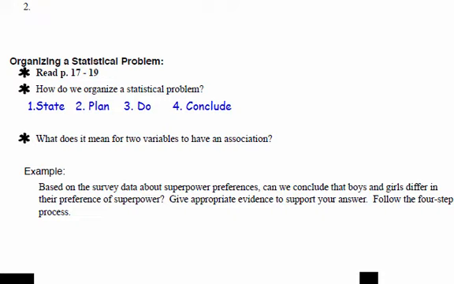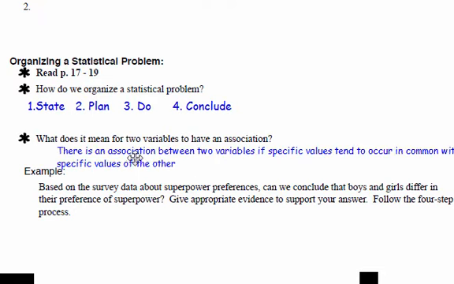That would be an association. So, what does it mean for two variables to have an association? There is an association between two variables if specific values tend to occur in common with specific values of the other variable.